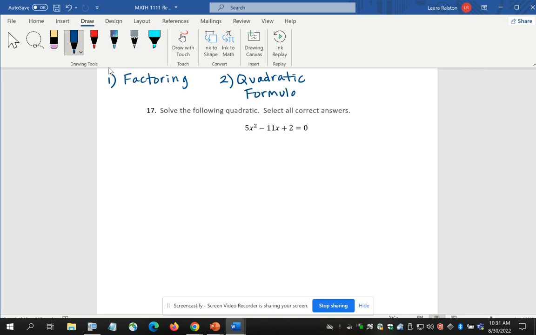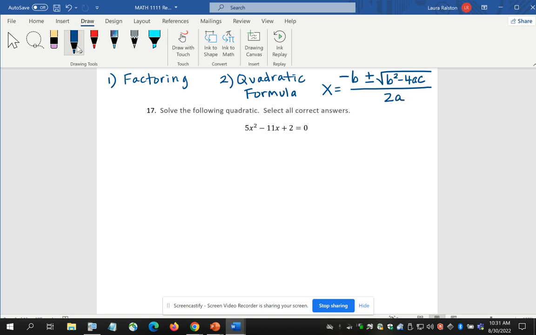If you don't remember what that formula is, it is x equals... whoops, sorry. x is the opposite of b plus or minus the square root of b squared minus 4ac all over 2a.